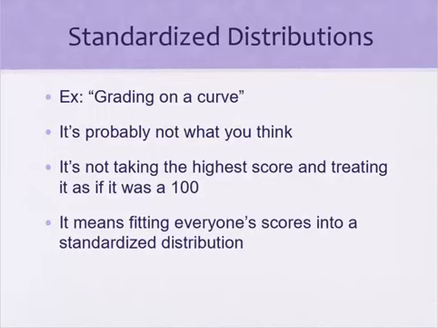But that's not actually grading on the curve. That's actually changing everybody's score by a constant. And whatever that constant is, it's the difference between the best score and a perfect score. Grading on the curve actually means fitting everybody's scores into a standardized distribution.